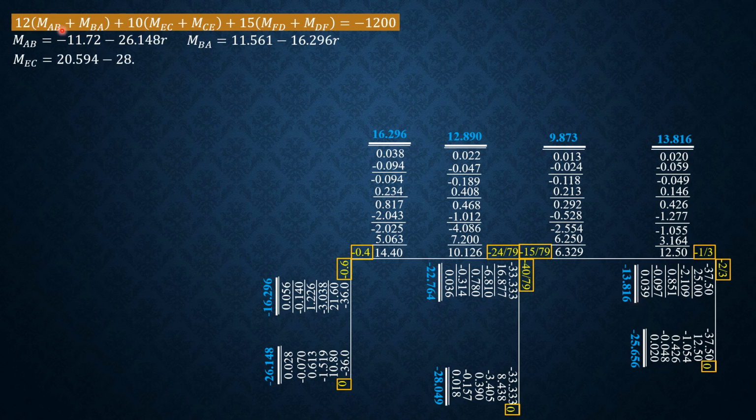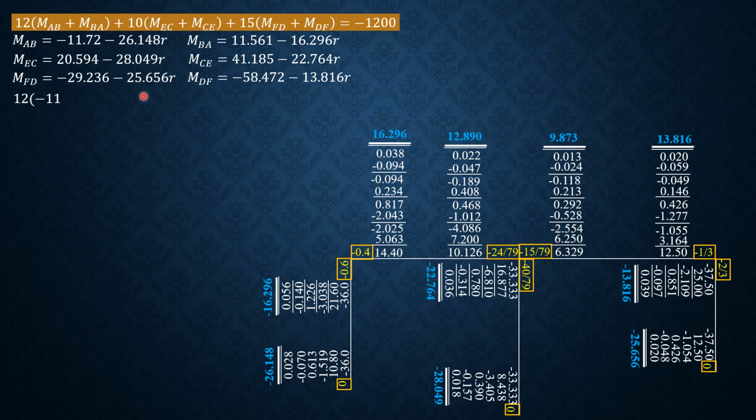Then substitute into this working equation, 12 times MAB, 12 times negative 11.72 minus 26.148 R, plus 12 times MBA, 12 times quantity 11.561 minus 16.296 R, plus 10 times MEC, 10 times quantity 20.594 minus 28.049 R, plus 10 times MCE, 10 times quantity 41.185 minus 22.764 R, plus 15 times quantity negative 29.236 minus 25.656 R, plus 15 times quantity negative 58.472 minus 13.816 R, then equals negative 1,200.